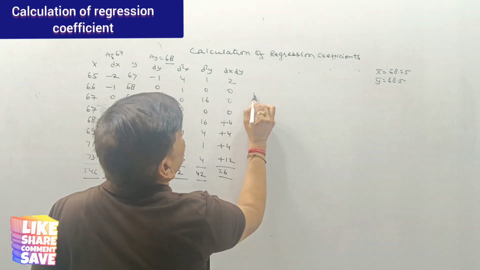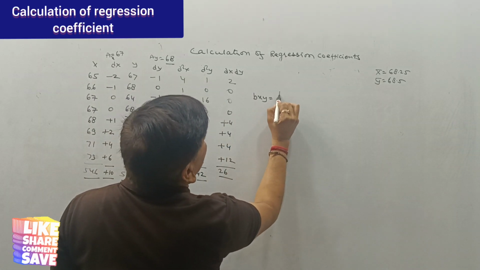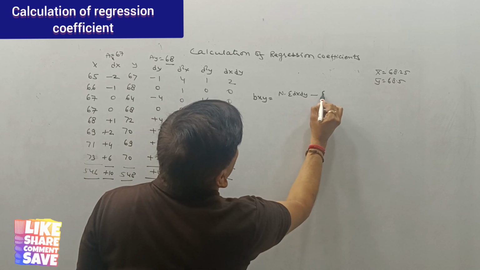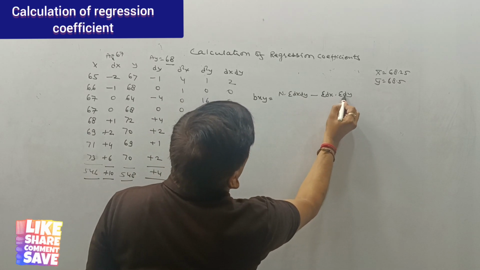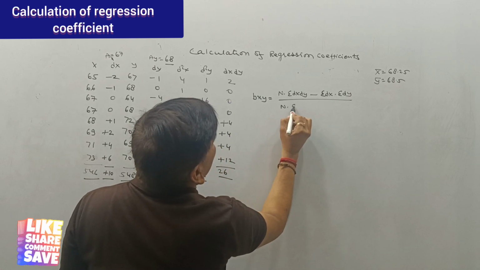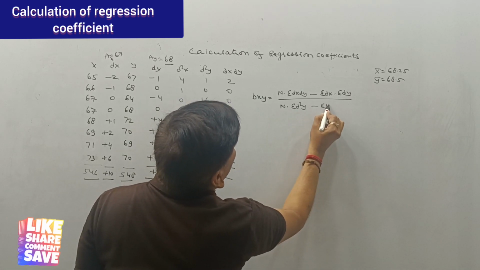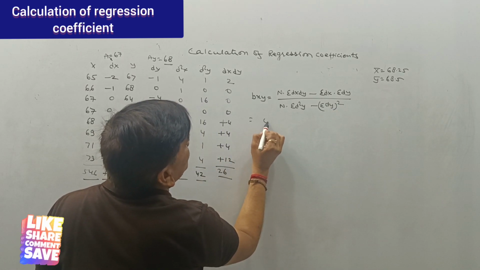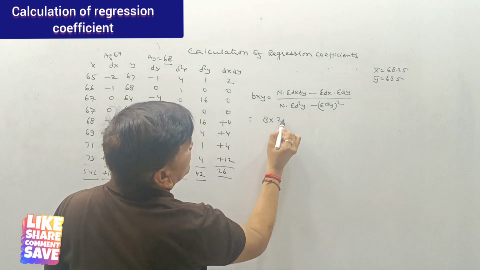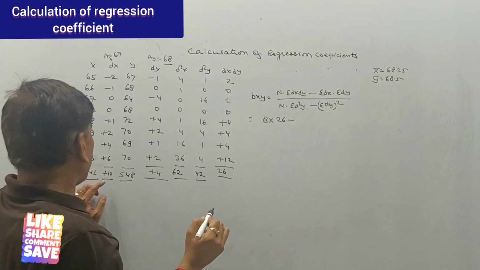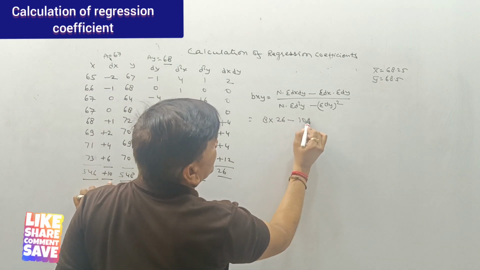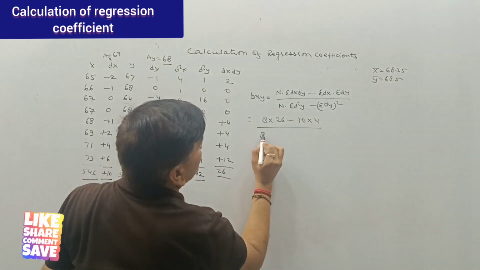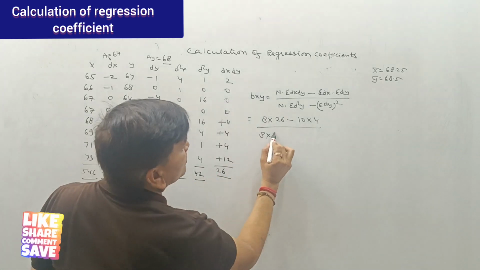For getting the bxy value, the formula is n multiplied by sigma dx dy minus sigma dx multiplied by sigma dy, divided by n multiplied by sigma d square y minus sigma dy raised to power 2. So n is 8, sigma dx dy is 26, sigma dx is 10, sigma dy is 4, and sigma d square y is 42.